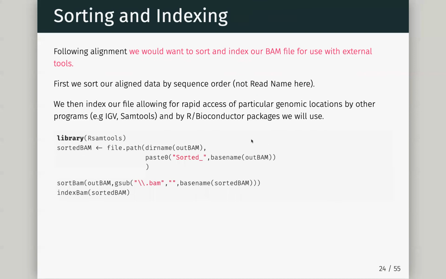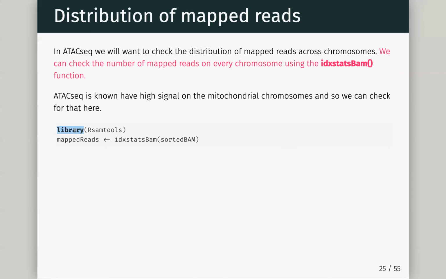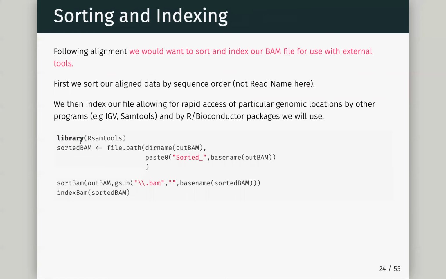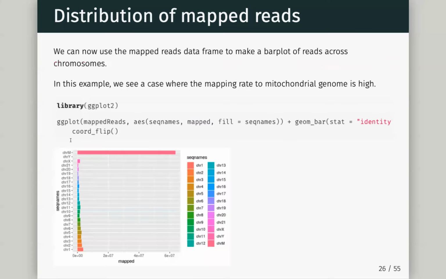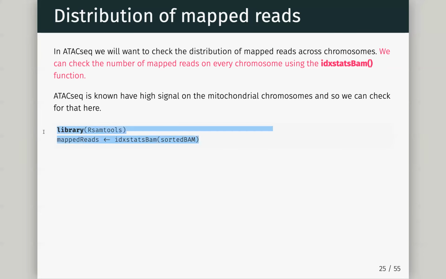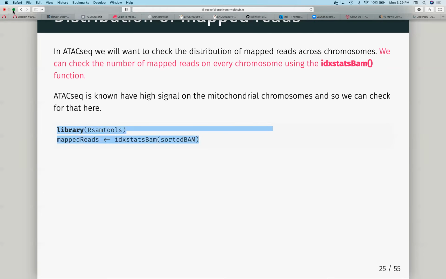We can use that now because we ran indexBam on our sorted file. So we can load the Rsamtools library, it should have been loaded here anyway, and we'll do idxstatsBam on our sorted BAM file. That will produce a data frame of all the chromosomes and the number of reads mapping to them. Okay, let me show you what that looks like.